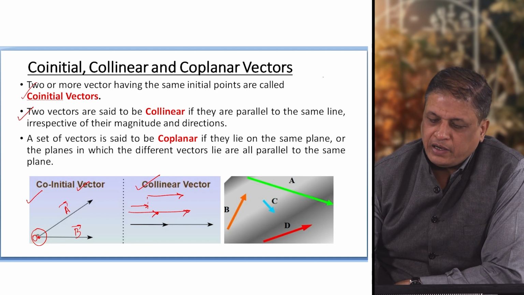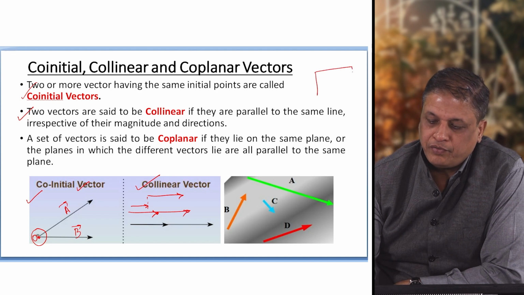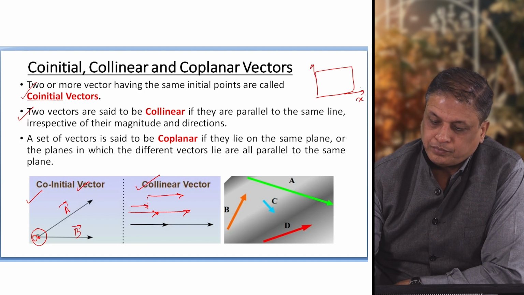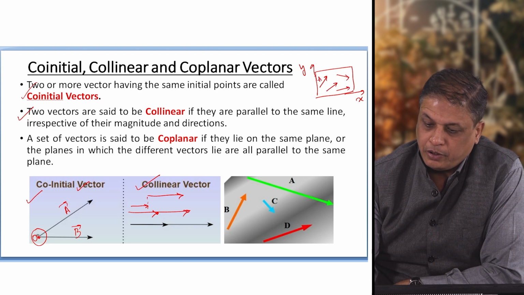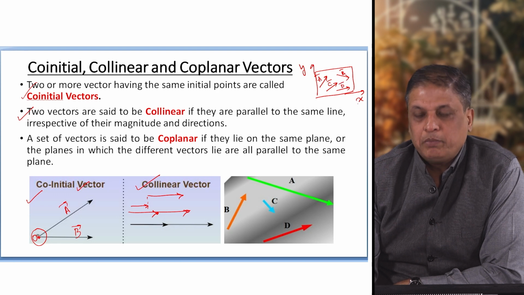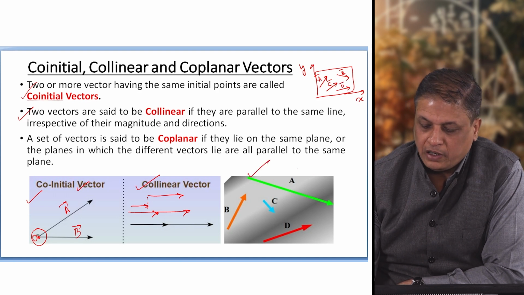Apart from this, if the vectors are lying in the same plane, say the xy plane, and we have different vectors, A, B, C and D, lying in this plane, then vectors A, B, C, D as shown here are coplanar vectors.